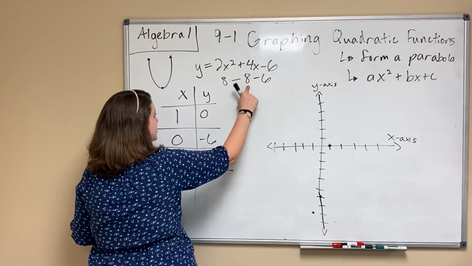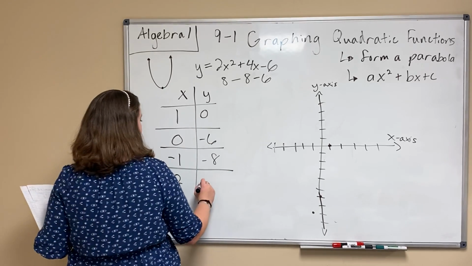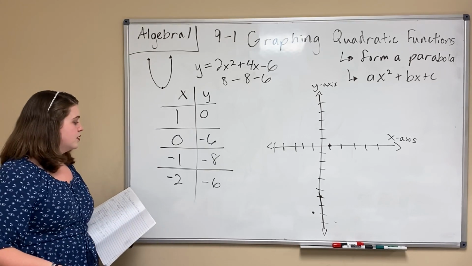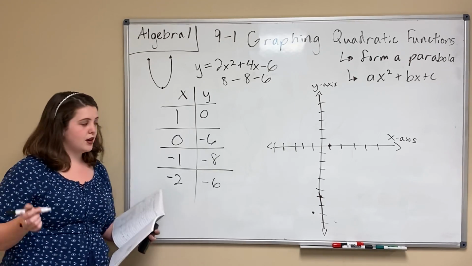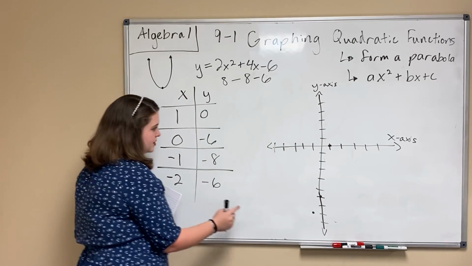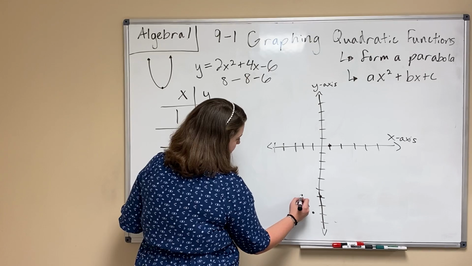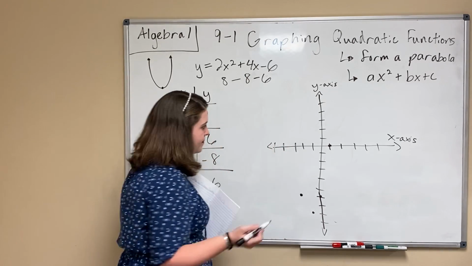Minus 6. 8 minus 8 is going to give us 0. So 0 minus 6 is minus 6. Okay, so now here I have minus 6 and minus 6. So when I'm at negative 2, looks like my graph is starting to come back up.